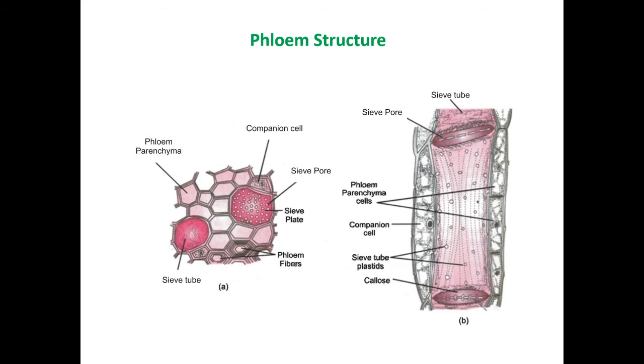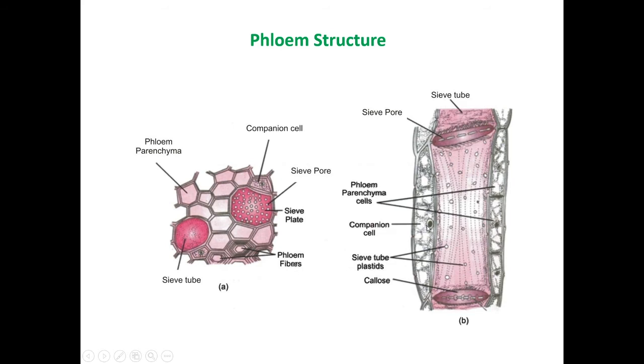Okay. In mature sieve tube members, you can't find any nucleus or vacuole. They lack the nucleus and vacuole, and only cytoplasmic organelles like plastids, mitochondria, endoplasmic reticulum are present in the peripheral walls. So you can clearly see here no nucleus is present.